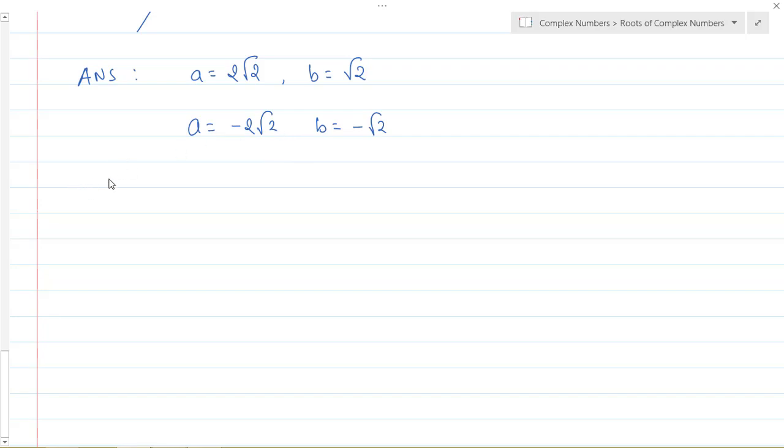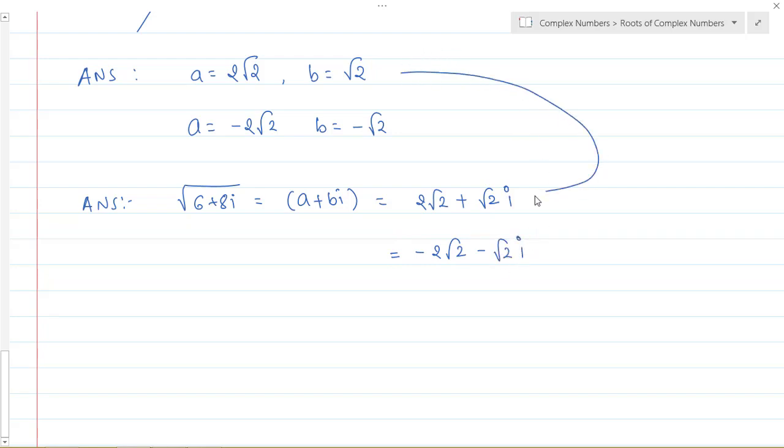So what is your final answer? What is the square root of the given question? So the root of 6 plus 8i is equal to what? It is a plus bi, which is nothing but 2 root 2 plus root 2i, or it is minus 2 root 2 minus root 2i. Okay, so this is here and this part is here.